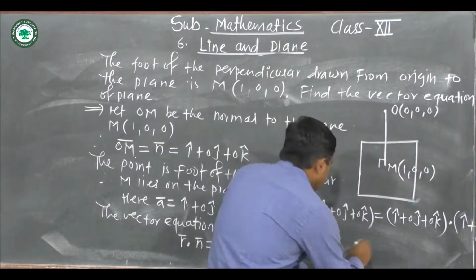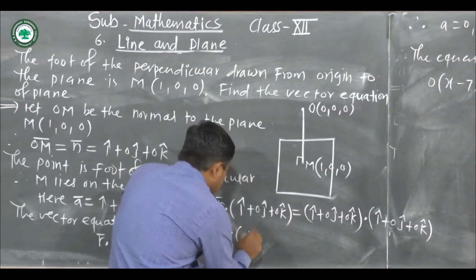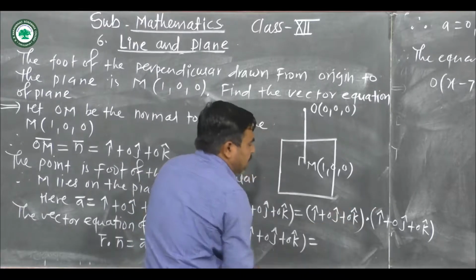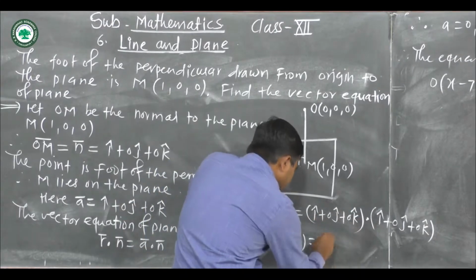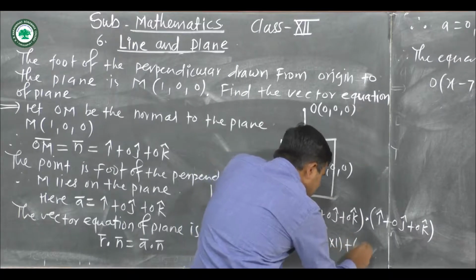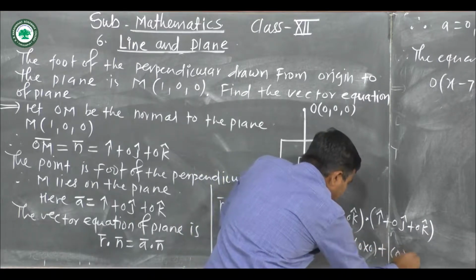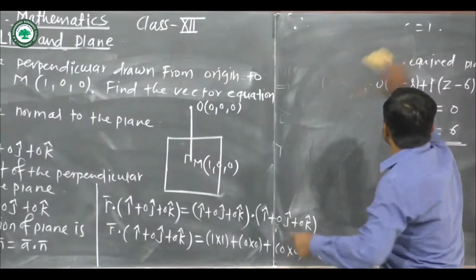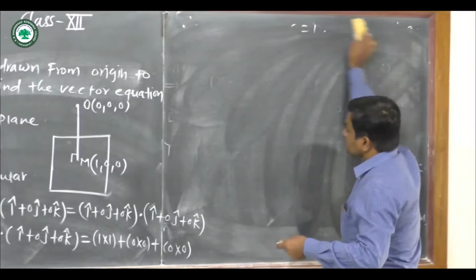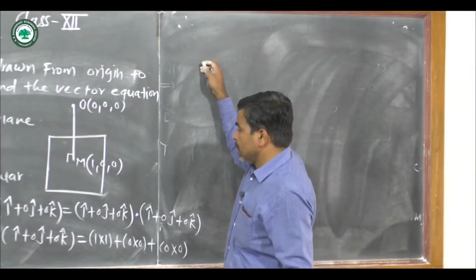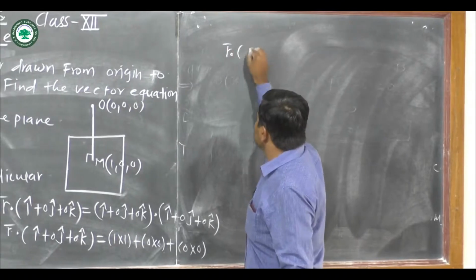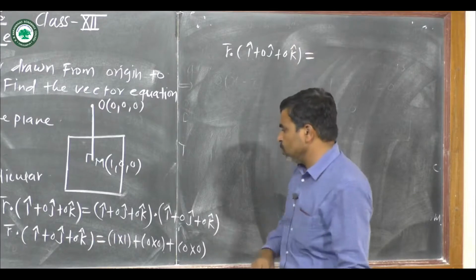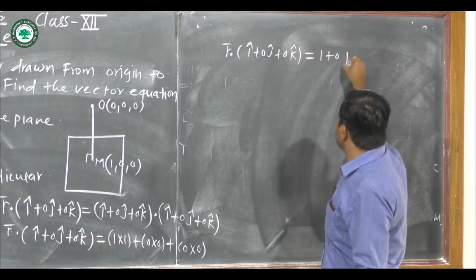That is R bar dot I cap plus 0 J cap plus 0 K cap is equal to, take the dot product of these two, so it is 1 into 1 plus 0 into 0 plus 0 into 0. That is R bar dot I cap plus 0 J cap plus 0 K cap is equal to 1 plus 0 plus 0.